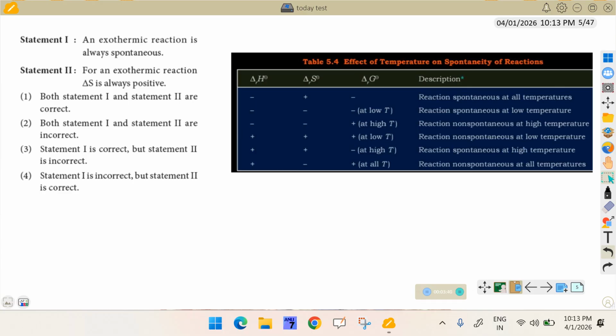Statement 1. An exothermic reaction is always spontaneous. For spontaneity, the necessary condition is delta G value is negative. Then the chemical reaction is spontaneous. Delta H is not the necessary condition. Exothermic reaction delta H value is negative.